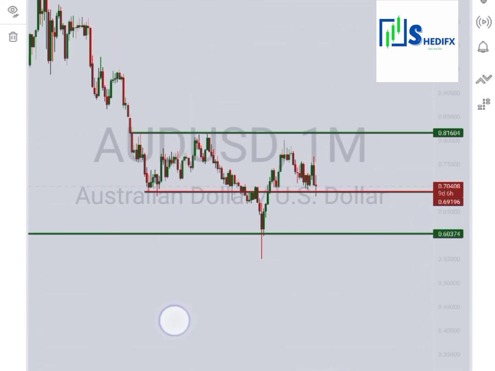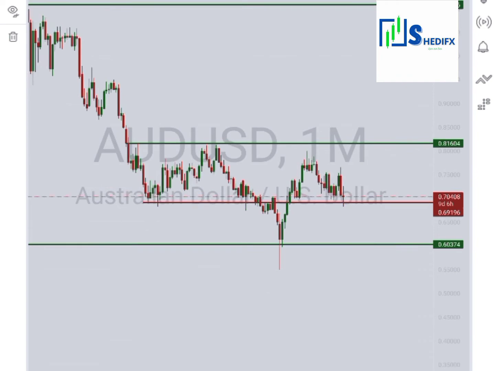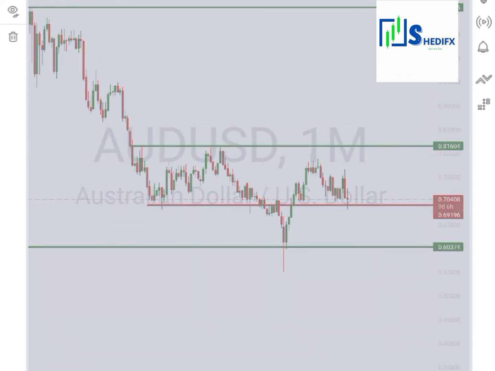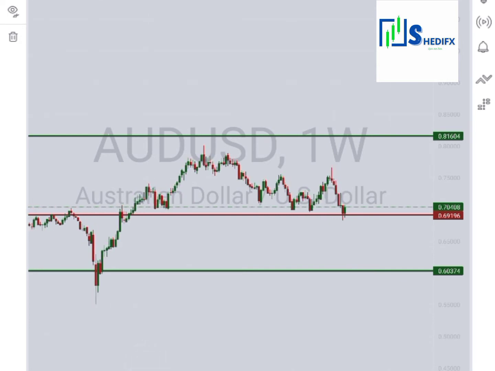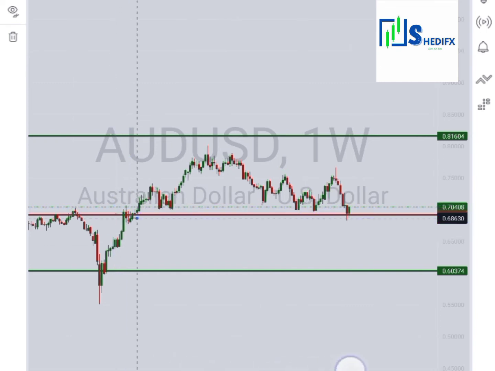So let's go to our weekly time frame so that we can have more data to analyze and see what we have. So on the weekly time frame here, we have this support right here.